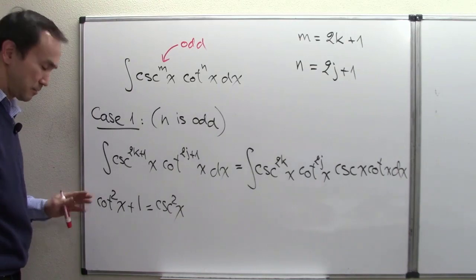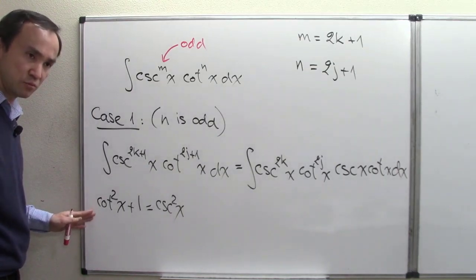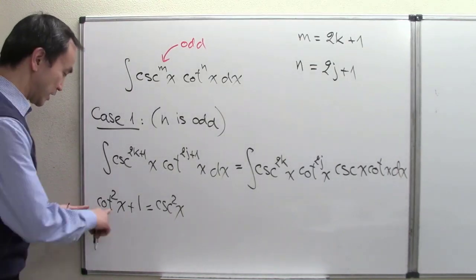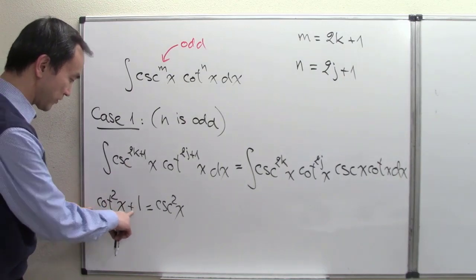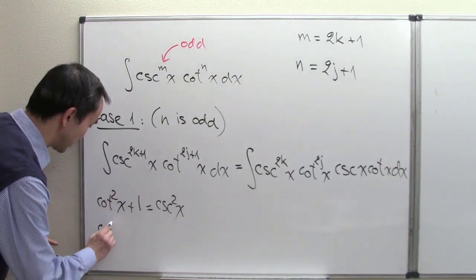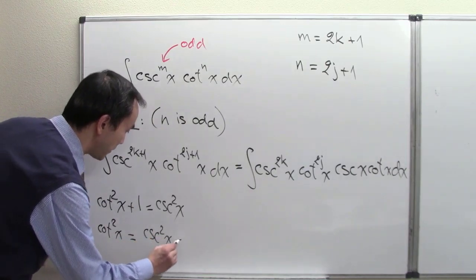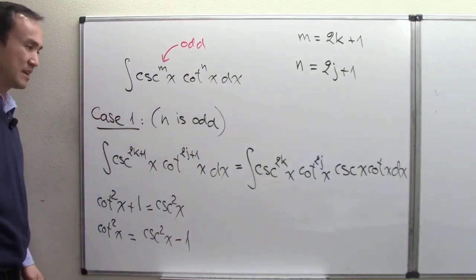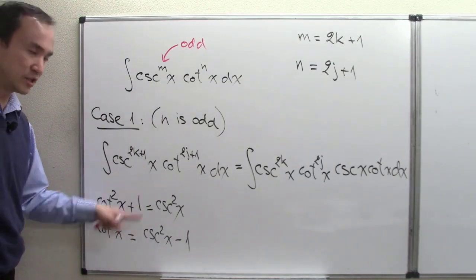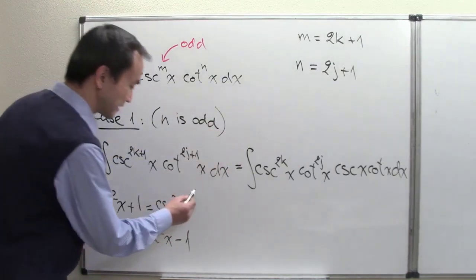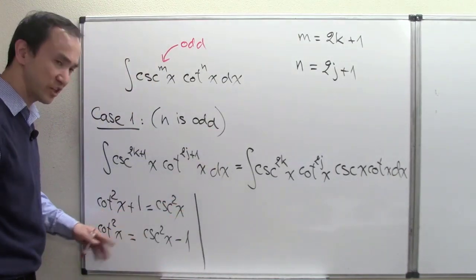This is well known from trigonometry, and that means cotangent squared of x can be rearranged as cosecant squared of x minus 1. So how can this be useful for our current problem? That information is sort of aside for now.